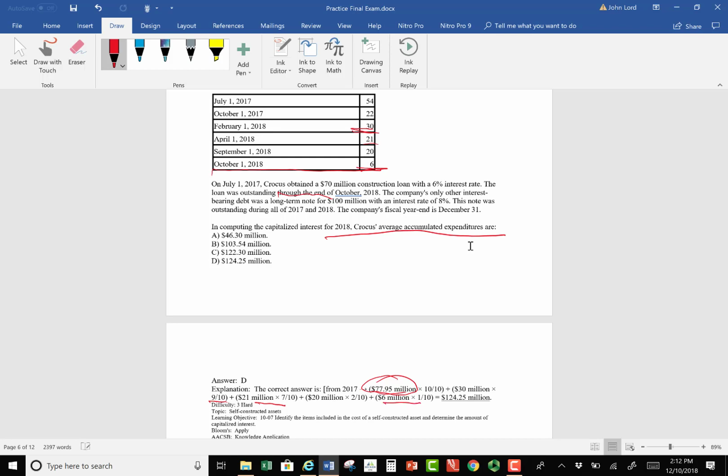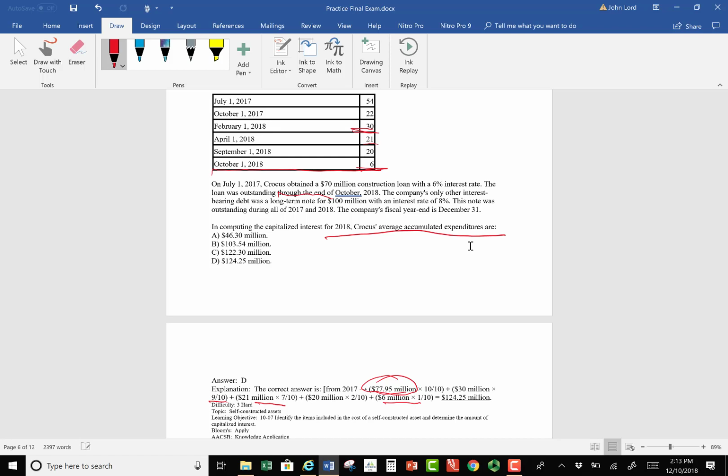For 1/10, right? Okay, so you got to watch your dates, guys. Be careful because if they spent the money October 31st, we wouldn't count that at all, right? That wouldn't have been outstanding at all for the period. Or if the money is spent on December 31st, don't count that money because that was not outstanding at all for December, right?